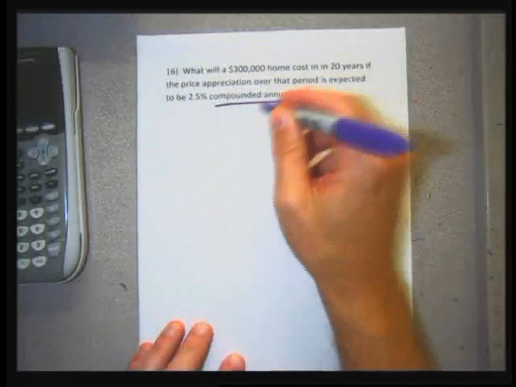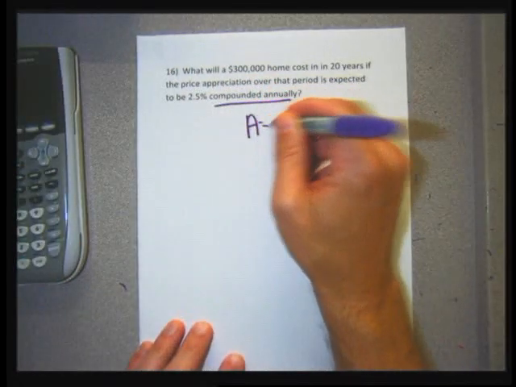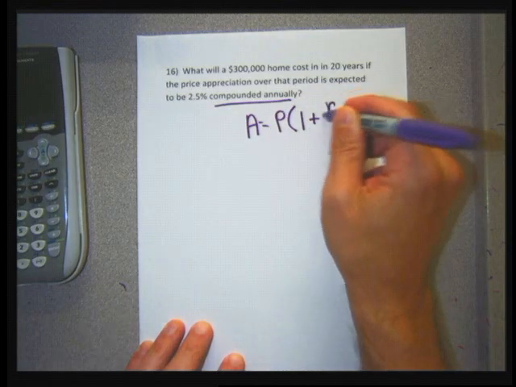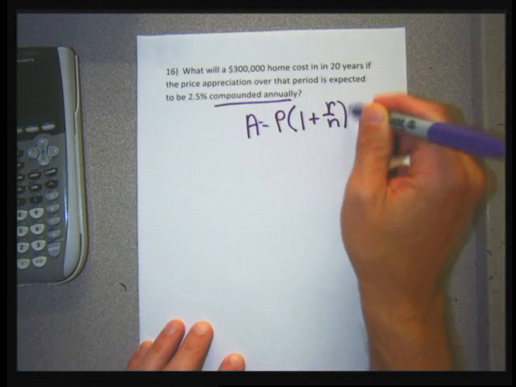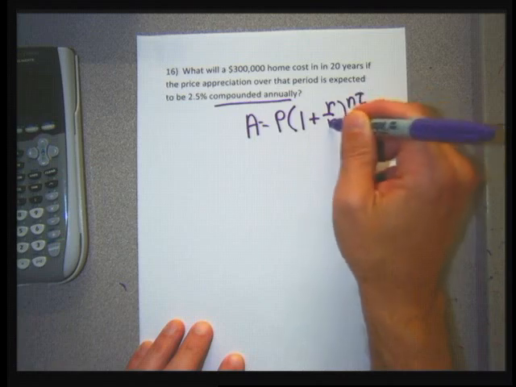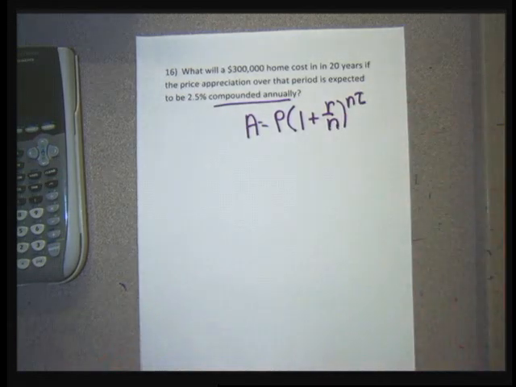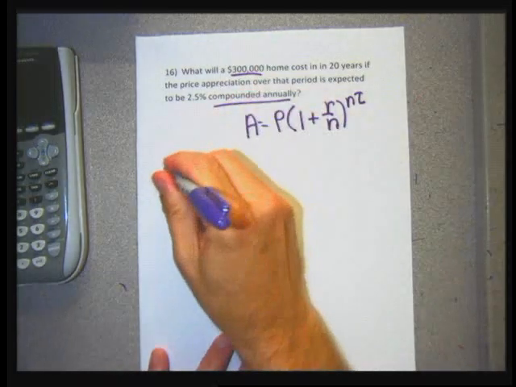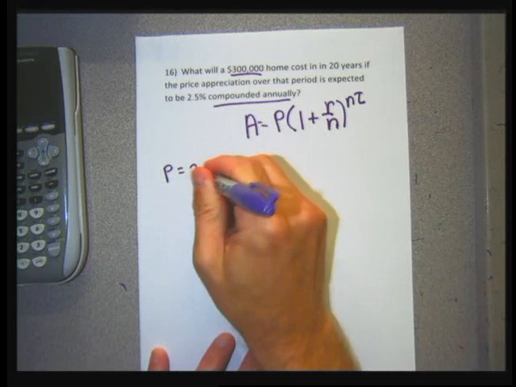If I don't see the word continuously, I know I'm using the formula that doesn't have the E. In this problem 14, as well as problem 16, the formula I'm going to use is that one because I don't see the word continuously. As I read through, the first number I see is a $300,000 house today.